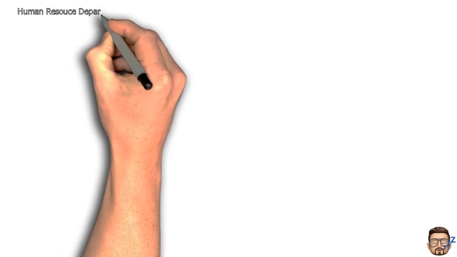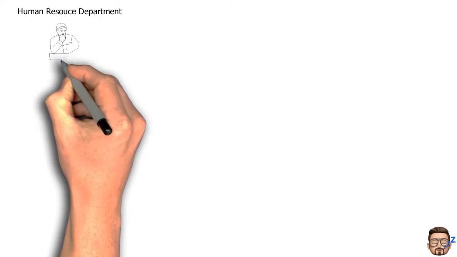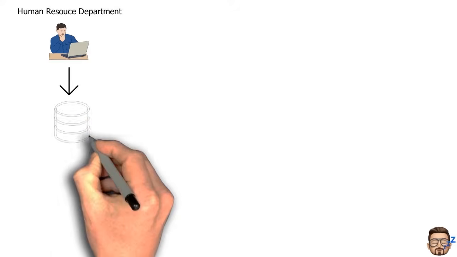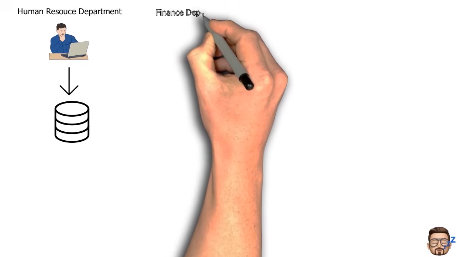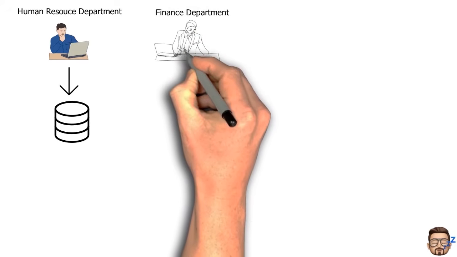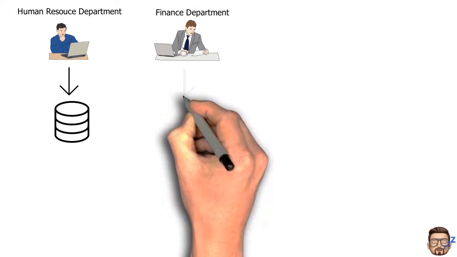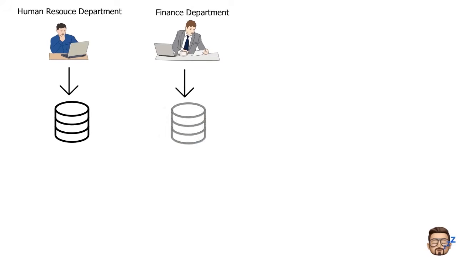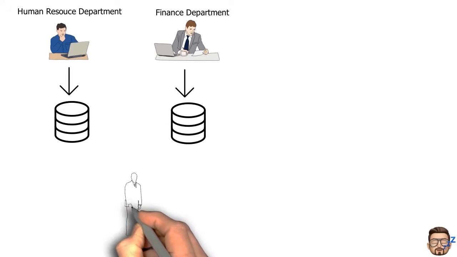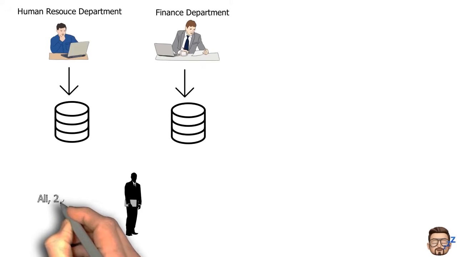Now, let's take a look at an example. In a company, sometimes we have a few departments. For example, we have a human resource department. This human resource department will manage their own data. And sometimes we also have the finance department. This finance department will also manage their own data. One day, Ali, a newly hired staff, starts his job in the company.